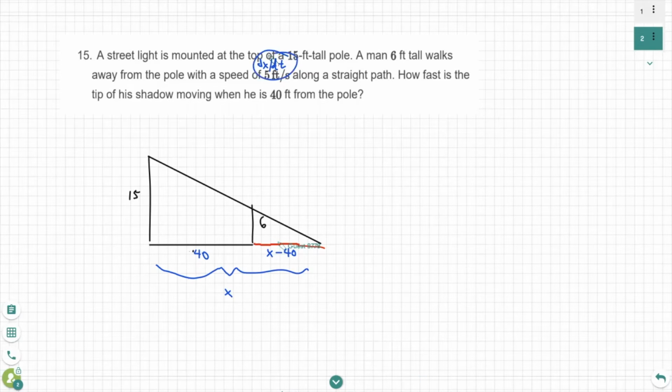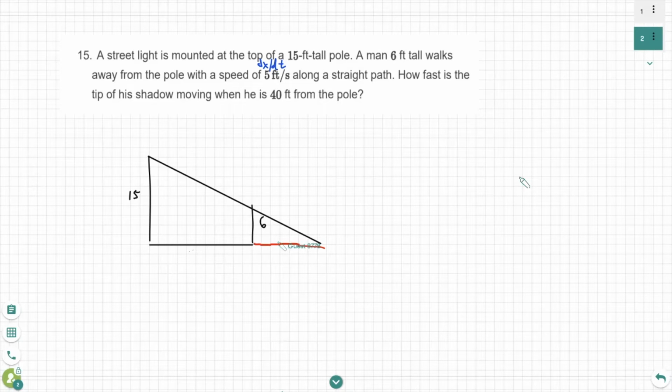Actually, no. Let's redo this because we have to figure out what the right x to label is. Actually, I don't think that would work, now I think about it. What do you think we should label the x? The entire distance from the base of the light pole to the tip of the shadow. Well, what's the derivative they give us?